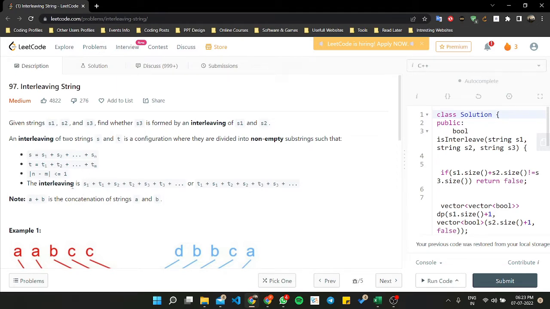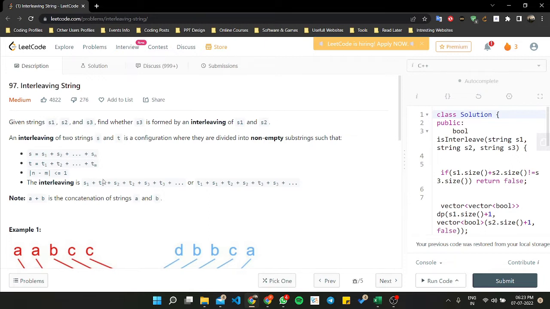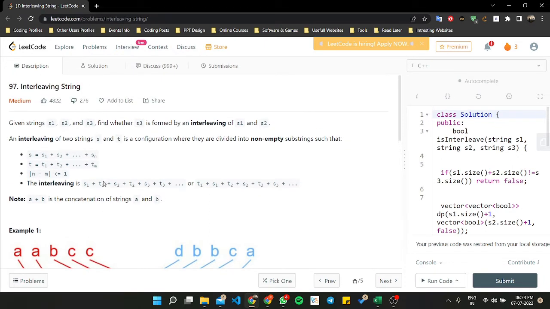For example, the interleaving string is S1 plus T1. First I place the S1 substring and next the T1 substring, then S2 and T2 the same way. Or I can start with T1. We cannot change the relative order. This is our main constraint.